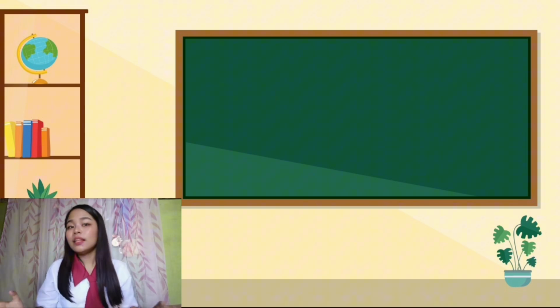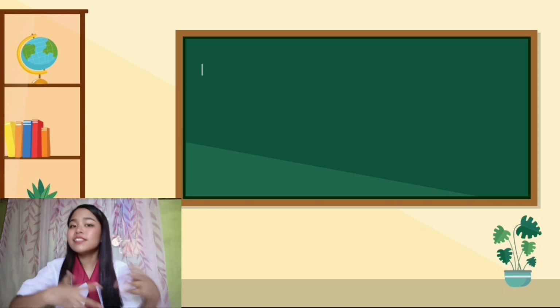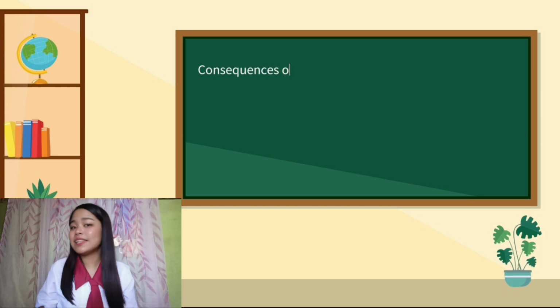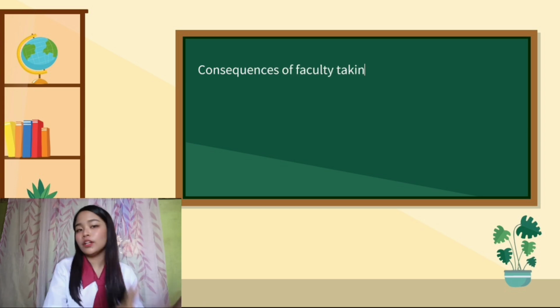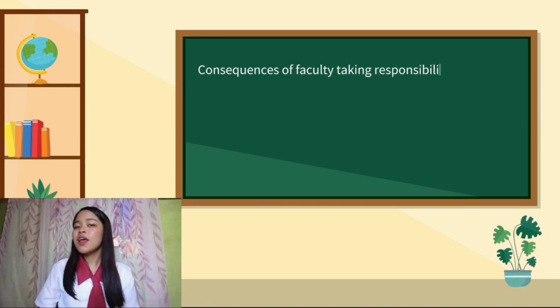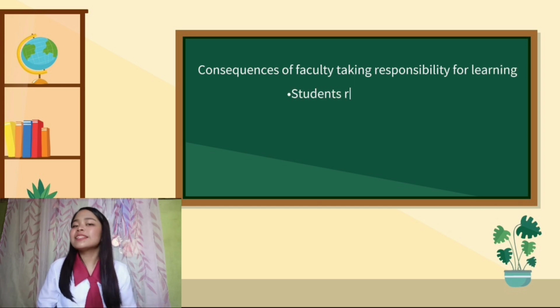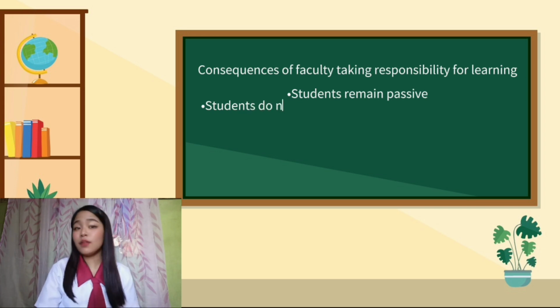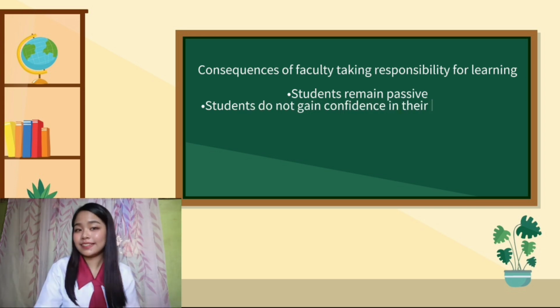So now let's proceed to the consequences of faculty taking responsibility for learning. Number one, students remain passive. So this can lead to students remaining passive and lacking confidence in their ability to learn independently.